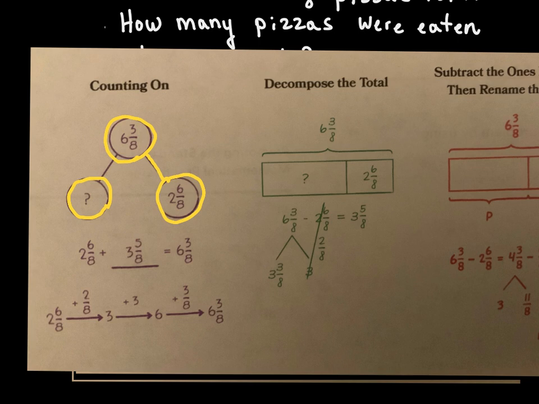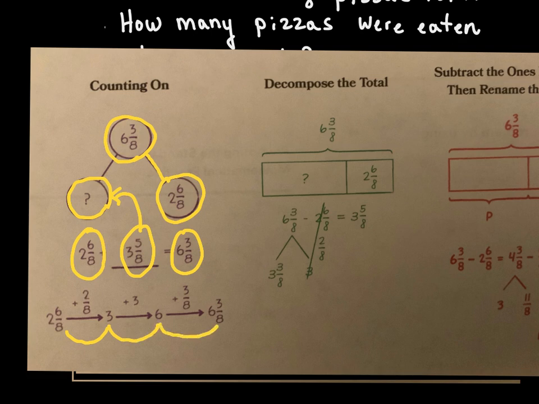So what we could do is break it down and subtract one side from the total, and we could say that 2 6/8 plus 3 5/8 is going to give us 6 3/8. This is the missing part of the number bond, and we could find it by counting up all the way till we get to that total of 6 3/8.